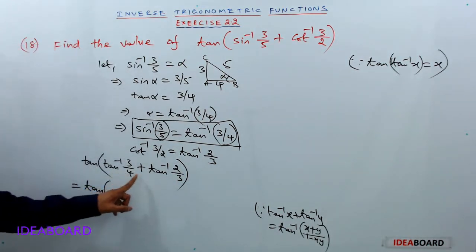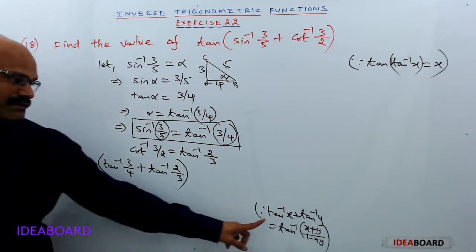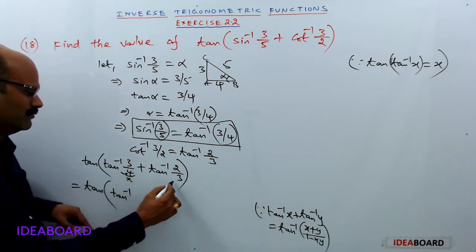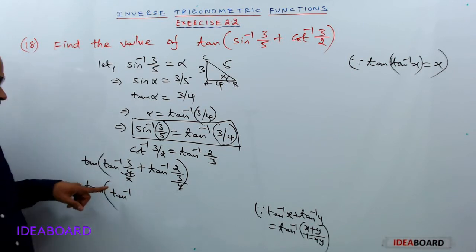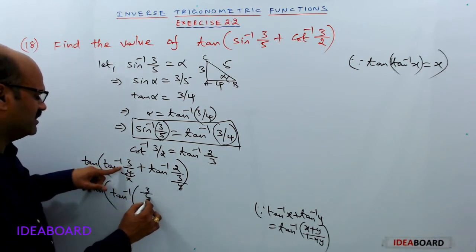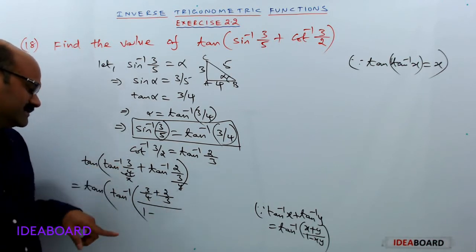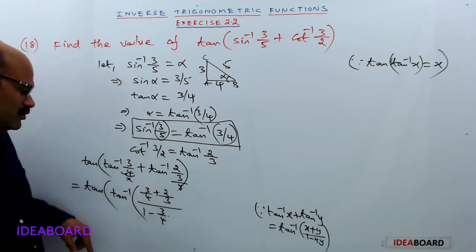Therefore, it's equal to tan inverse of, here x equal to 3 by 4, y equal to 2 by 3, then tan inverse of 3 by 4 plus 2 by 3 upon 1 minus 3 by 4 into 2 by 3.